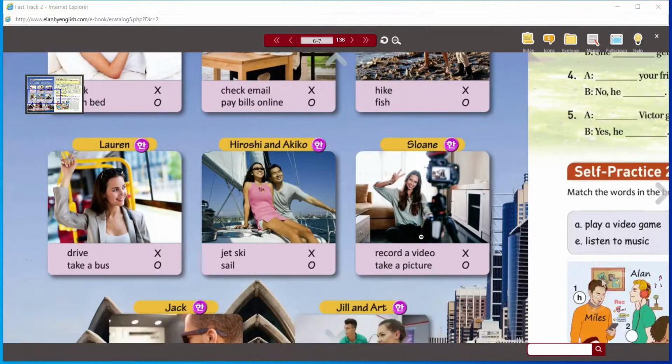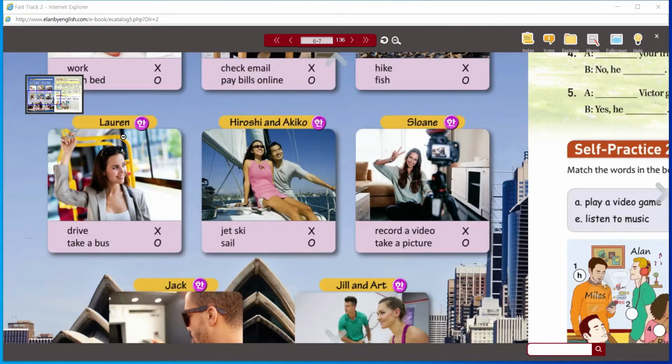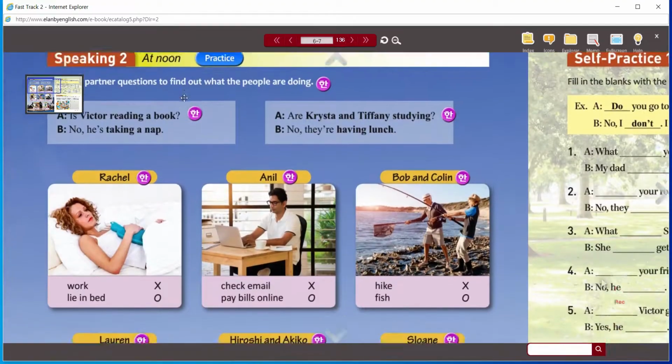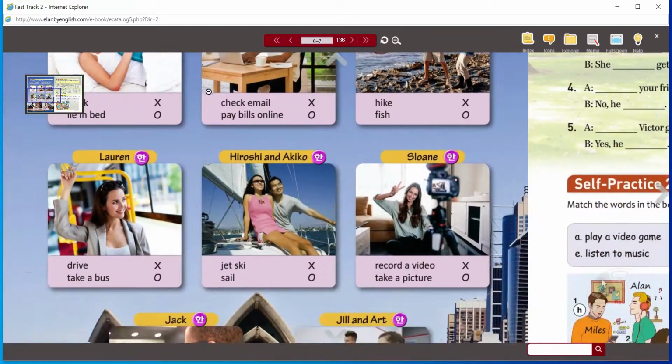All right, moving down the page here, we're going to talk about Lauren. What about Lauren? Is Lauren driving? Answer? No. She's taking a bus. Okay. All right. And if her blood alcohol level is high, that's a good idea. Okay. Good. So we're talking about Lauren. Next, we're going to talk about these two people.